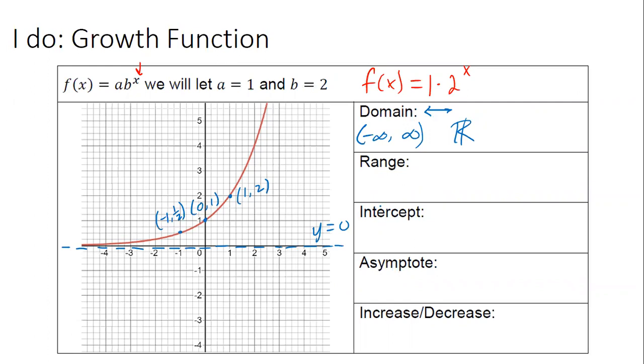All right. Our range, again, is bottom to top. How low does our function go? It never goes below 0 because it never touches 0. Instead of a bracket, we use parentheses because it'll never touch 0. Remember, a bracket means it's included.